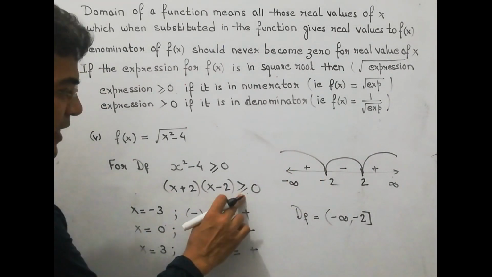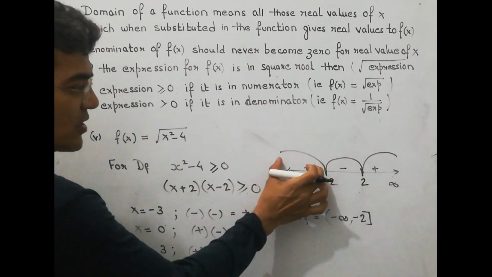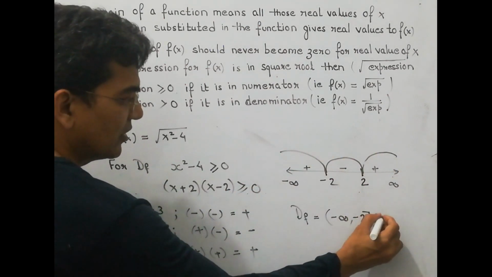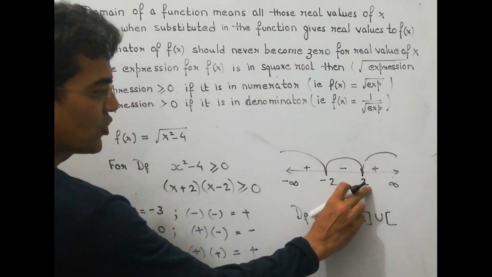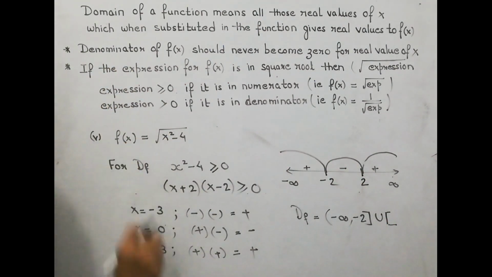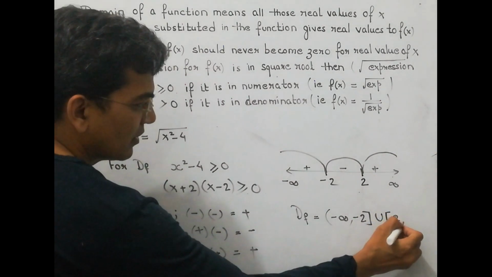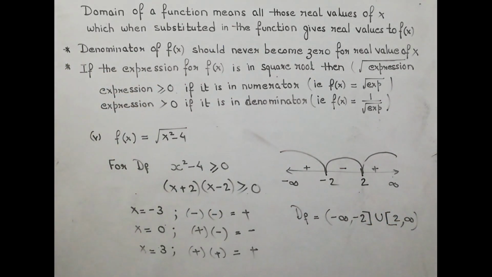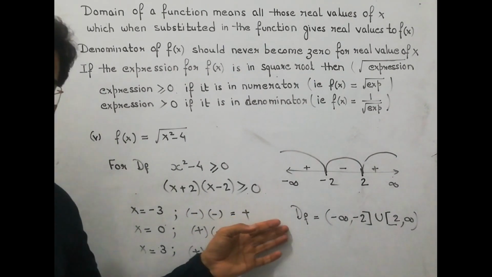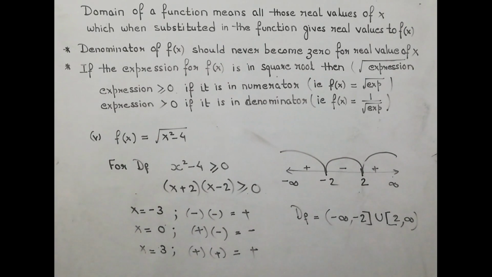Now we have to get greater than or equal to 0, positive and positive, so union. Now see, this 2 when substituted will give you a defined value. The 2 is included, infinity cannot be. So this will be the domain. I think you have already done this in class 11th. So you can note this down.